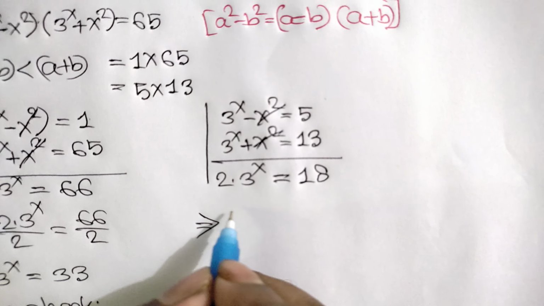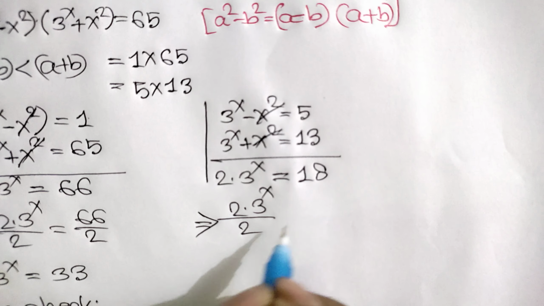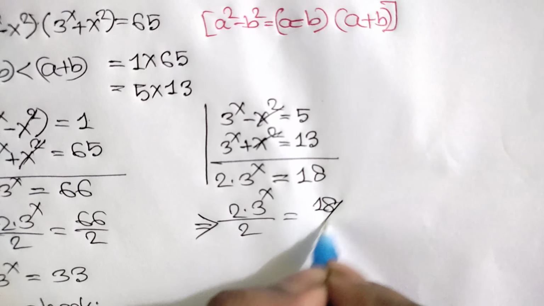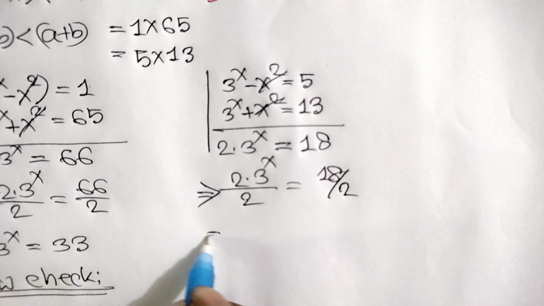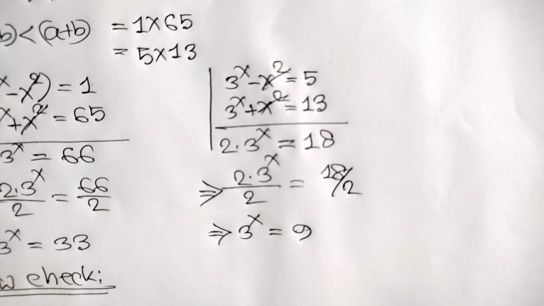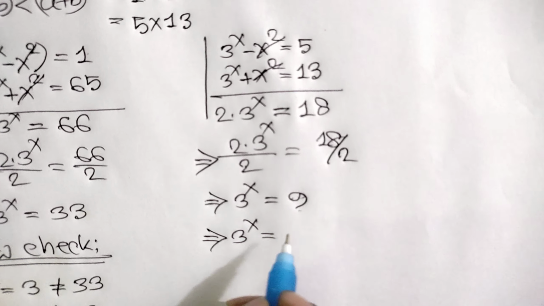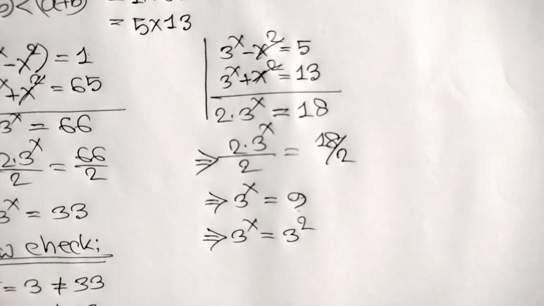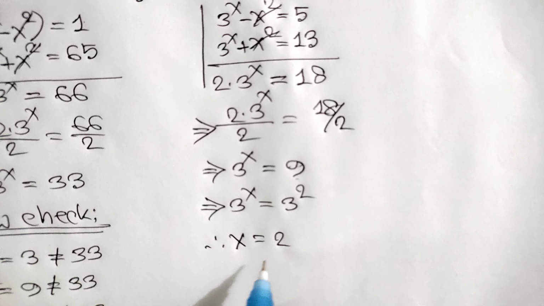Now dividing both sides by 2, we can write 2 times 3 to the power x over 2 is equal to 18 over 2. This 2 cancels out this 2, so we get 3 to the power x is equal to 18 over 2, which is 9. 3 to the power x is equal to 9, which can be written as 3 squared. Now comparing, we get the value of x is equal to 2.